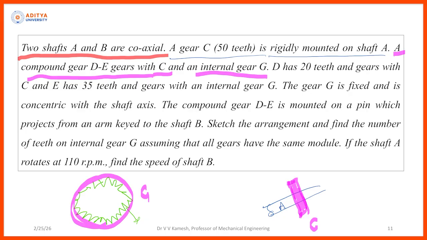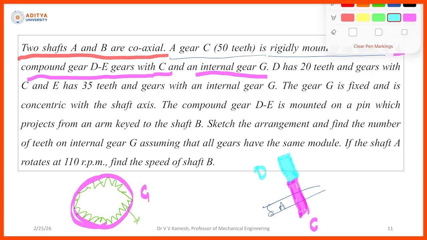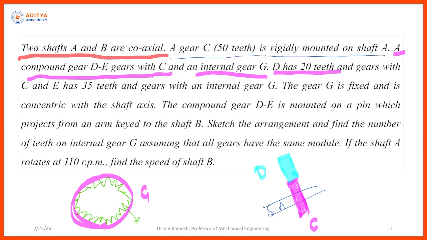Now, D has 20 teeth and gears with C. Out of DE, this is gear D, meshing with C. D has 20 teeth, and E has 35 teeth.